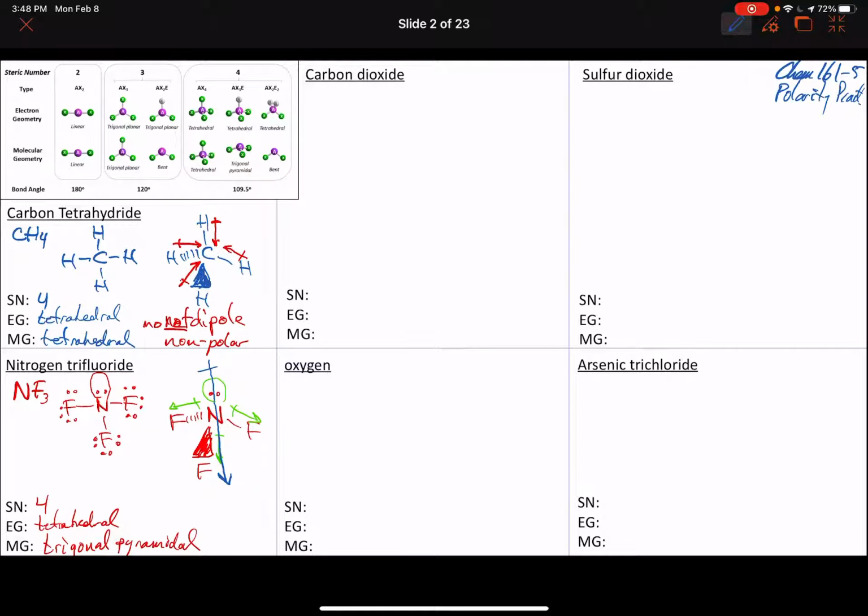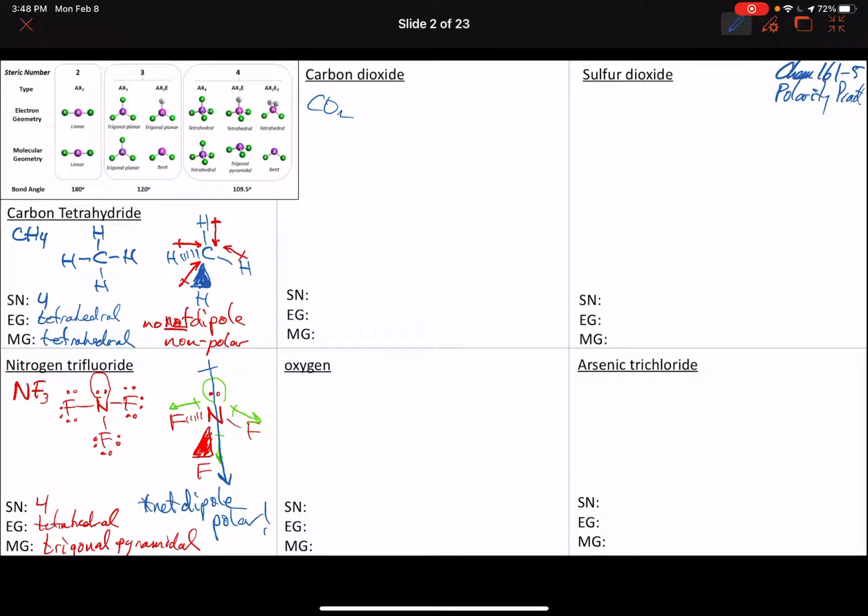So there is a net vector here. So a net dipole is the result here. And so this is a polar molecule.